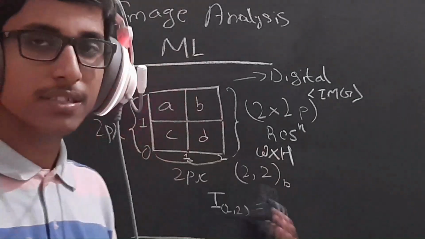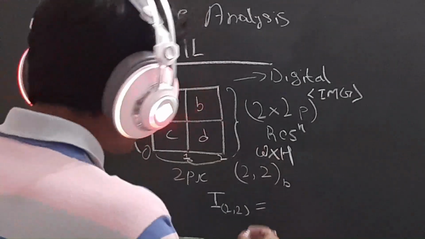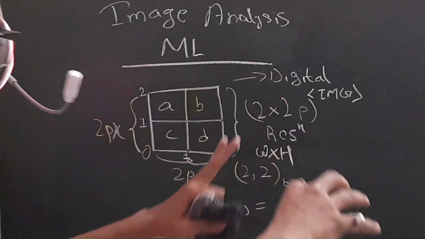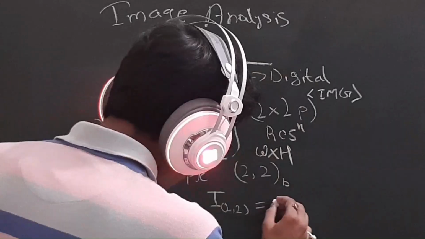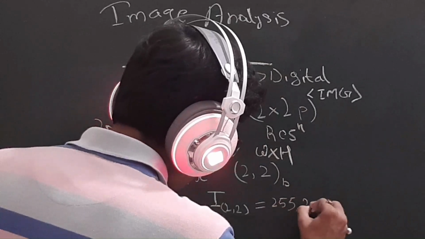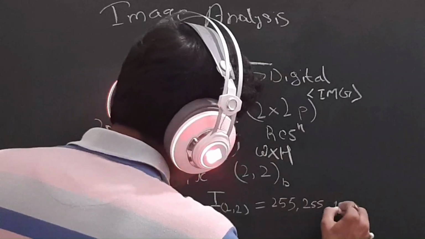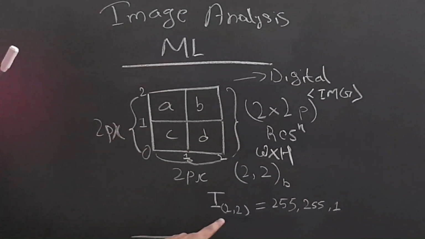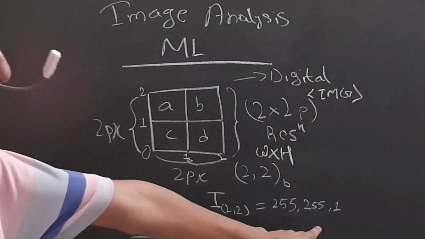Firstly I'm just making the structure and then I'm going to fill it in with the concepts. Suppose 255, 255, 1, right? So this is the pixel intensity, this is its value.